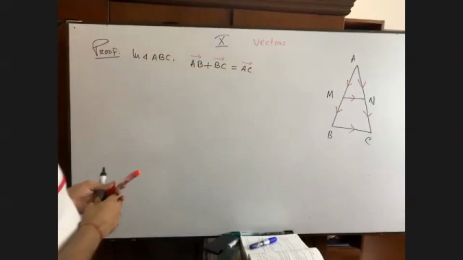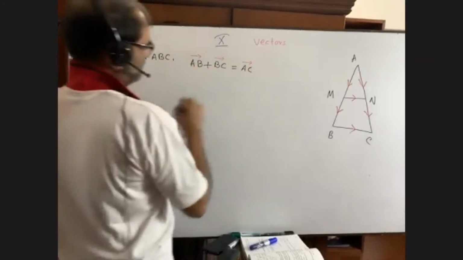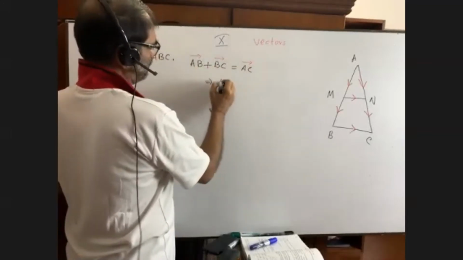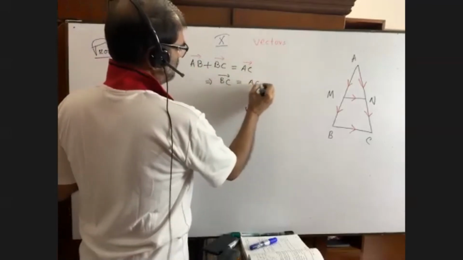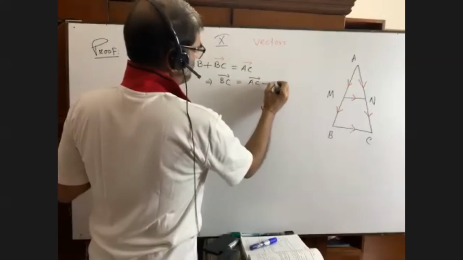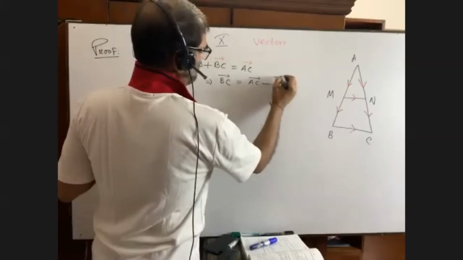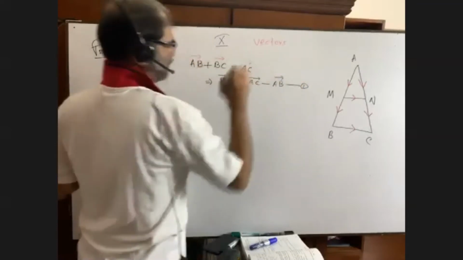In the proof, something is told regarding BC. So we find BC is equal to AC minus AB. It is equation 1.